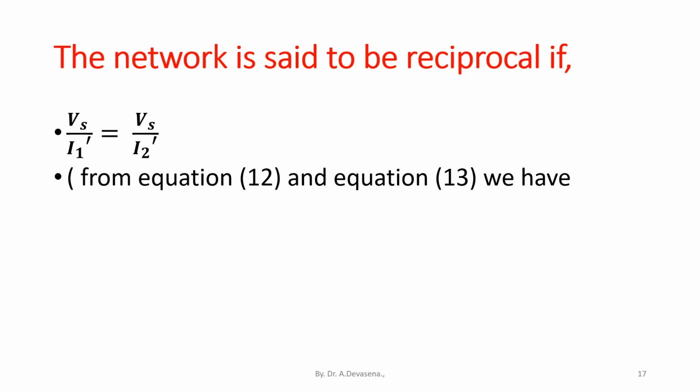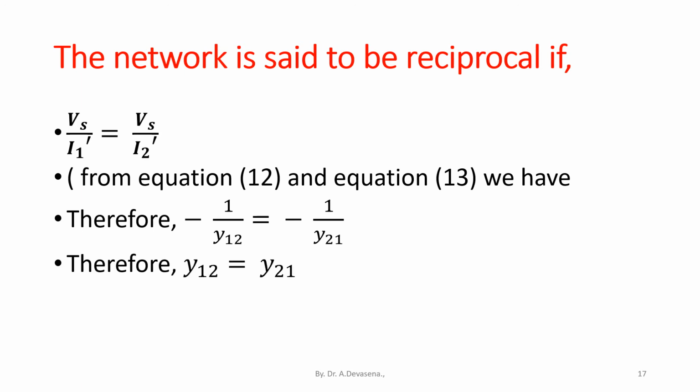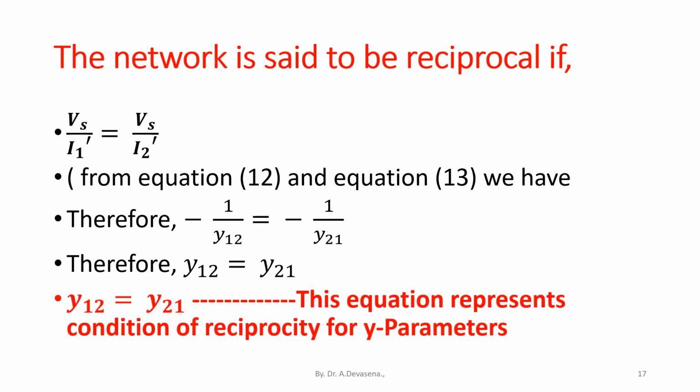We get minus 1 divided by y12 is equal to minus 1 divided by y21. Therefore, y12 is equal to y21. This equation represents the condition of reciprocity for y parameters.